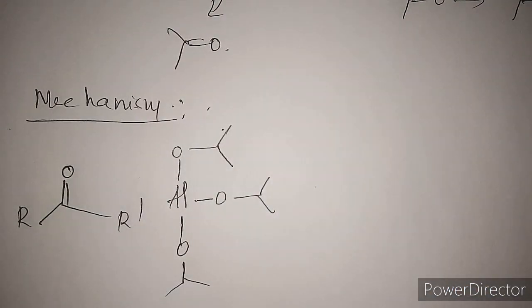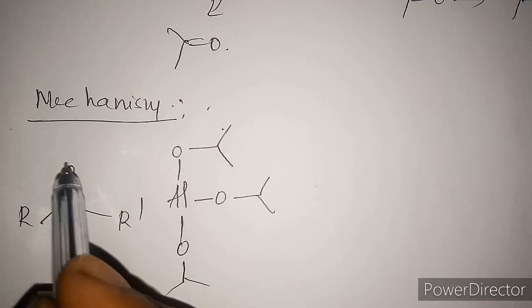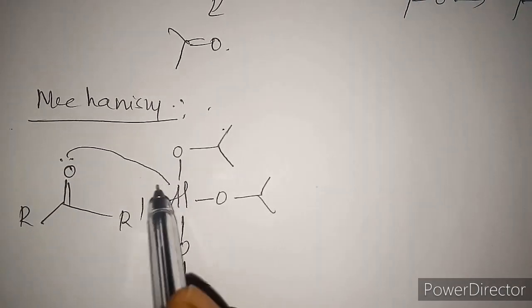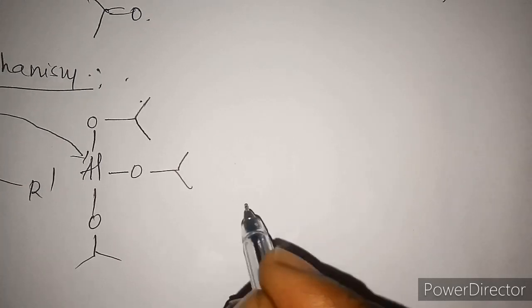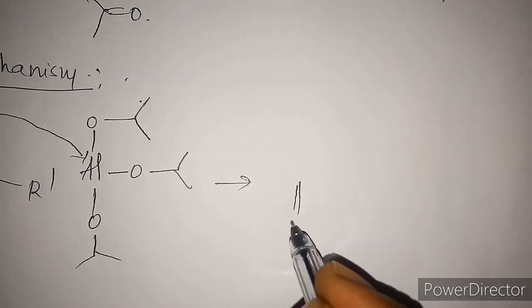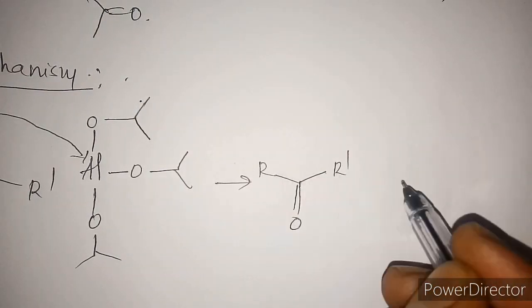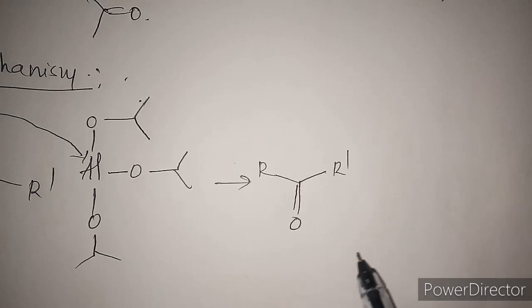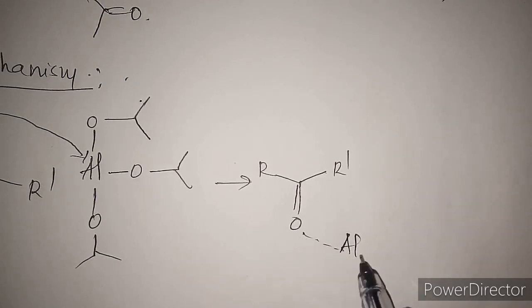This is aluminum isopropoxide, 3 molecules. And now this aluminum is a Lewis acid, so the carbonyl oxygen will be attracted towards aluminum. So once it is attracted, we will get R' R, and the oxygen makes a bond with aluminum.